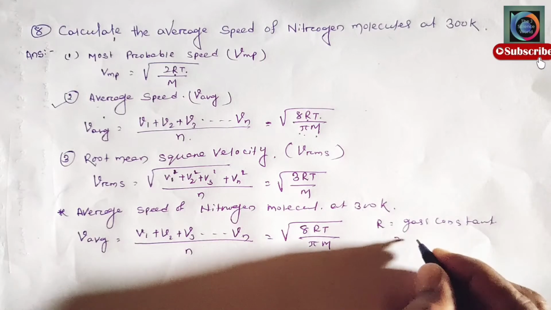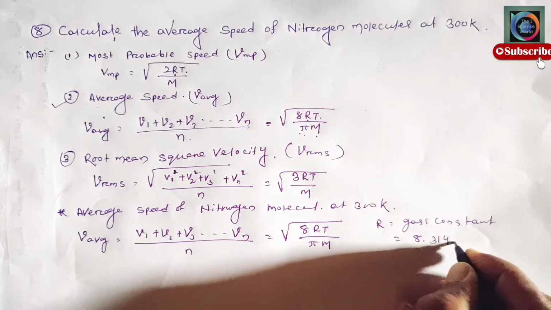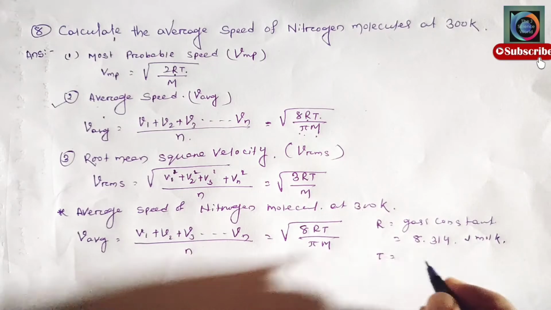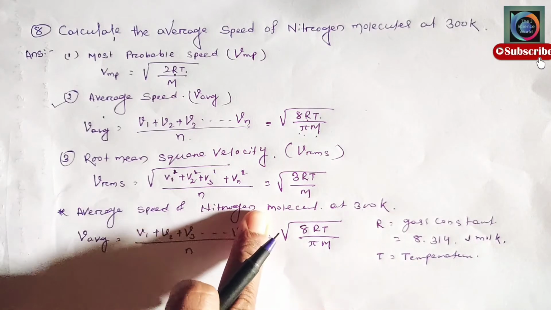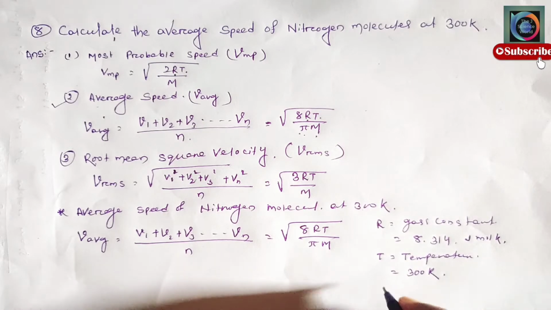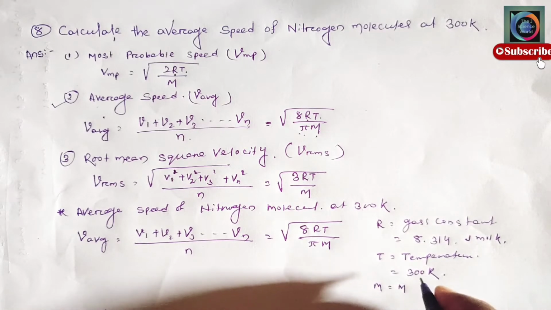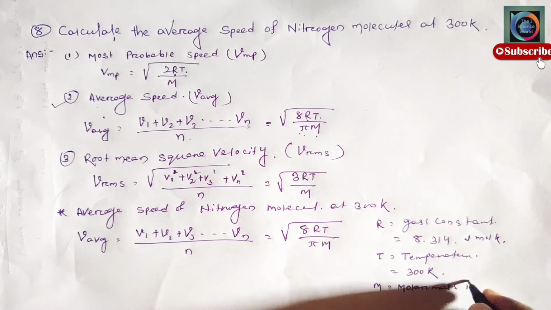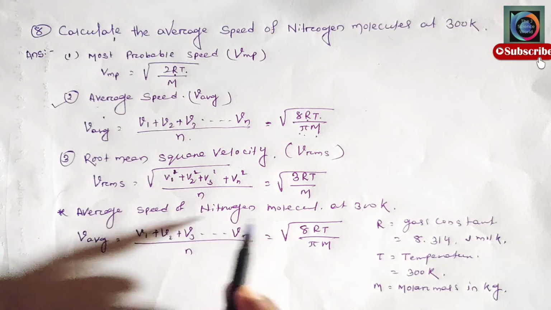The value of gas constant we will take is 8.314 joule per mole Kelvin, and T our temperature. In this particular question, our temperature is 300 Kelvin, and M our molar mass in kg. Well, how do we find out the molar mass of nitrogen molecules?